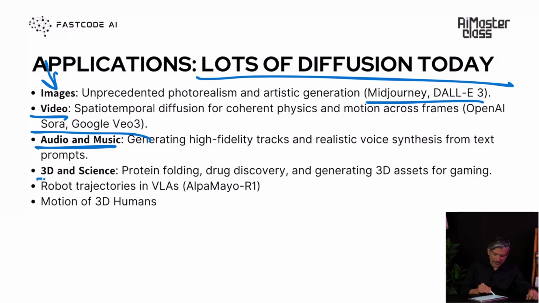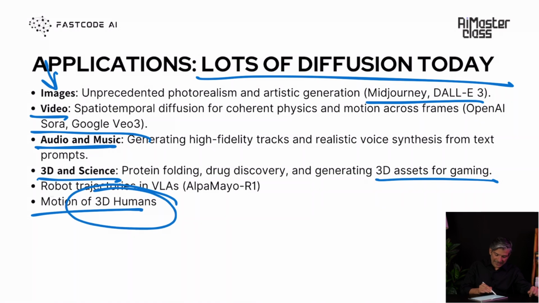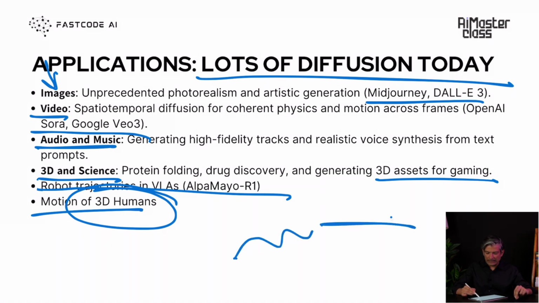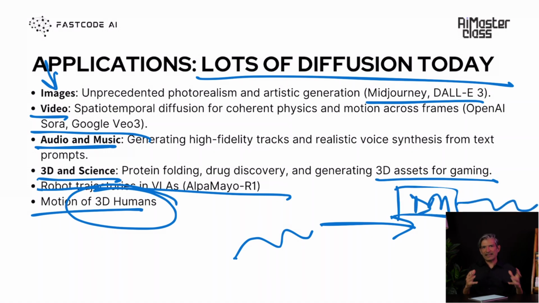It's happening in 3D and science, so protein folding, drug discovery, and generating 3D assets for gaming. It is happening for motion and also for 3D humans. It is happening for robust trajectories of VLAs, for example, in Alpamayo R1. So there is some trajectory that gets generated, and then finally they put it into a diffusion model to then denoise it. Right? So it's really very generic.